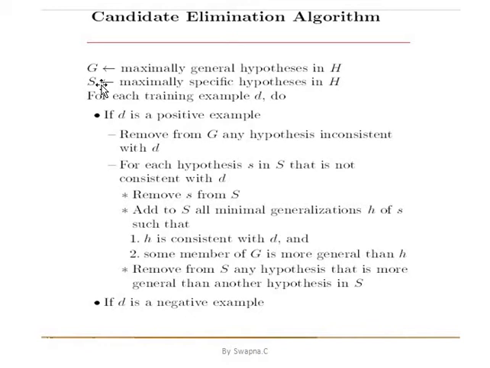To apply the candidate elimination algorithm on the training examples, it starts with these 2 hypotheses, the maximally general hypothesis and the maximally specific hypothesis, and continues over the set of all the training examples. Finally we get the set of hypotheses which are consistent with the training examples.